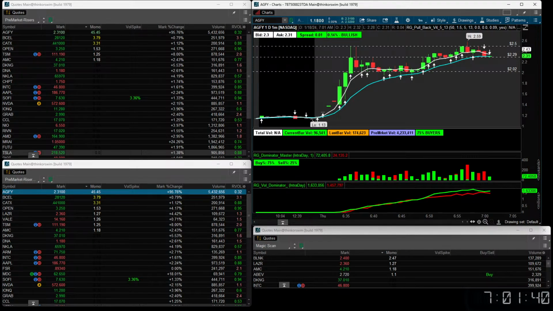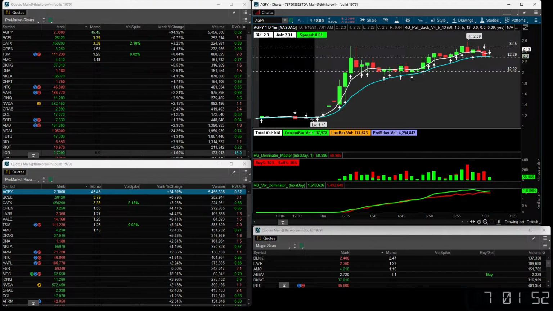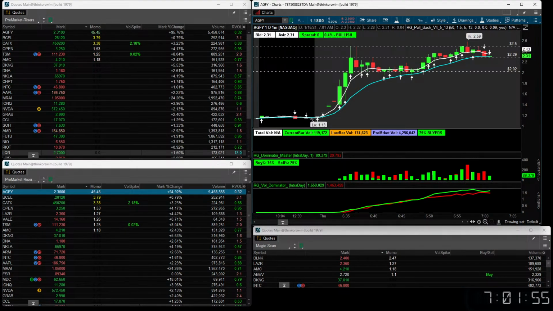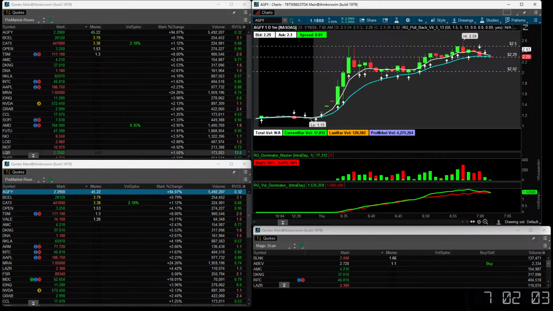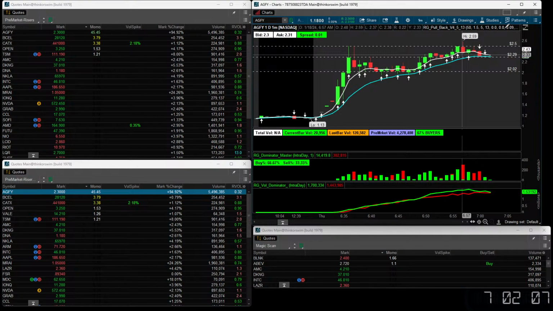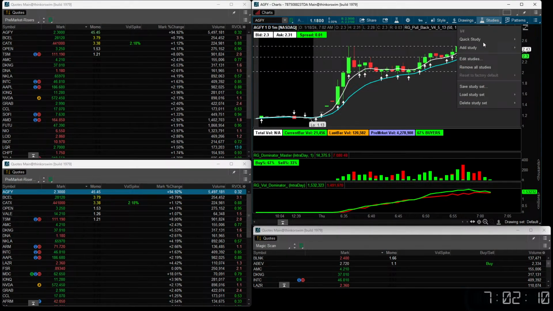Outsider, they should be. I don't believe the scalping arrows have a setting.